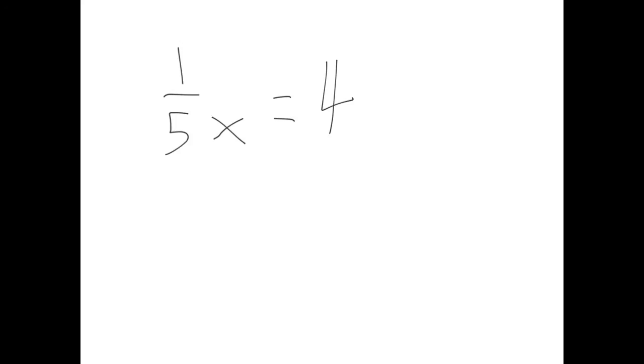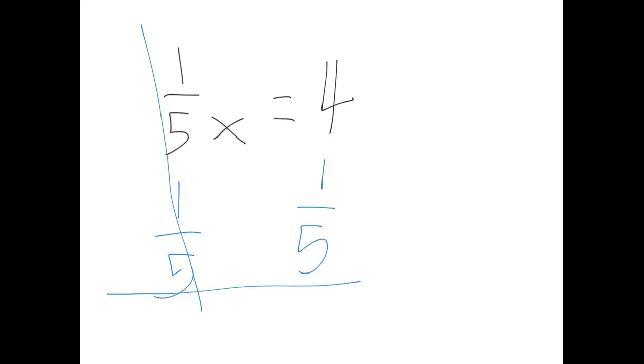Okay, this one's a little more tricky because it's going to be divided. So I'm just going to be using blue to show what it is. So you just have to divide this 1/5, and then just cross out. You get rid on this side, don't forget. So then x is just going to equal. You just have to divide 4 into 1/5.